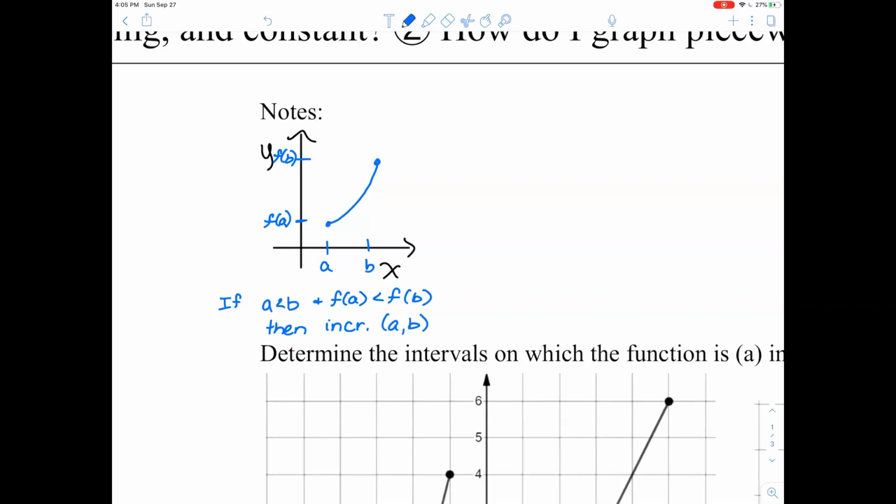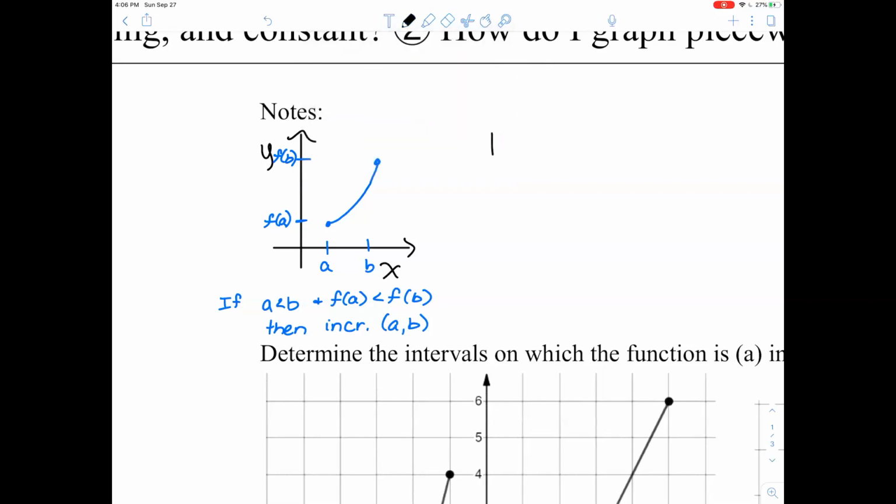People always think, but it's increasing, that means it's going up, so why aren't we talking about the y's? Well, the function is going up, right? The function is increasing as we read the graph from left to right. If we were reading the graph from right to left, then the function would be decreasing. What we want to know is over what intervals, that's domain, is the graph increasing. All right, so there's the definition of increasing.